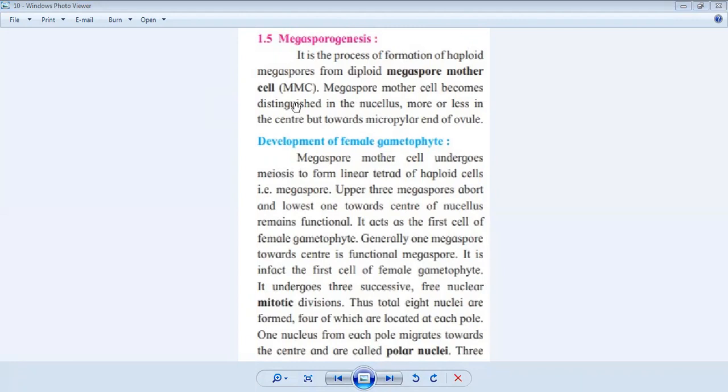The megaspores are produced inside the nucellus, toward the micropylar end of the ovule.